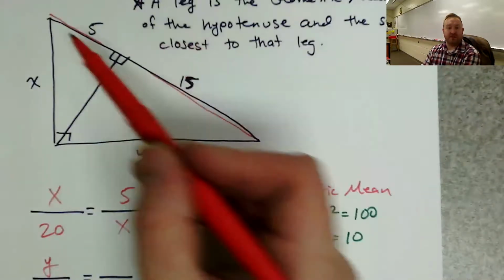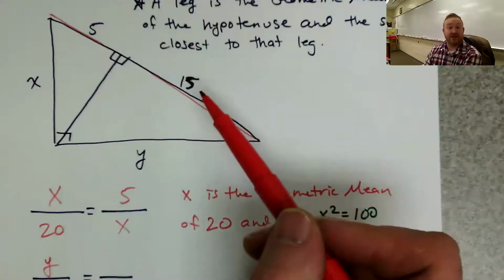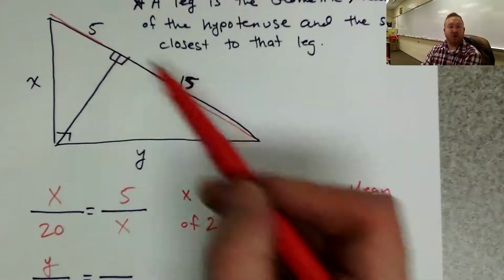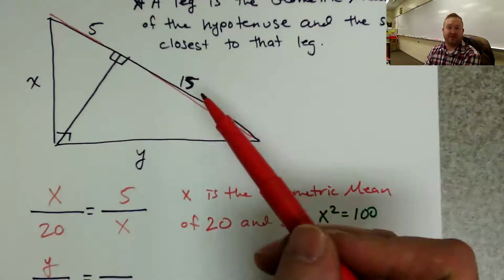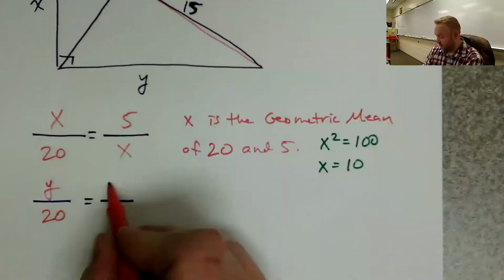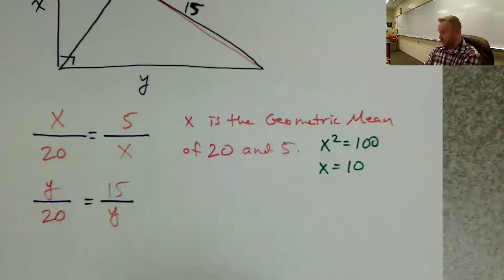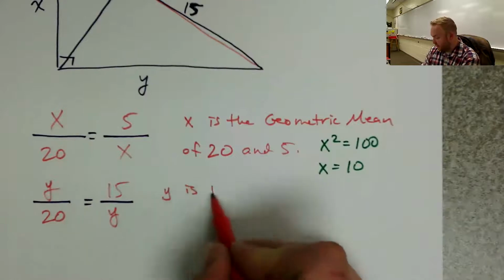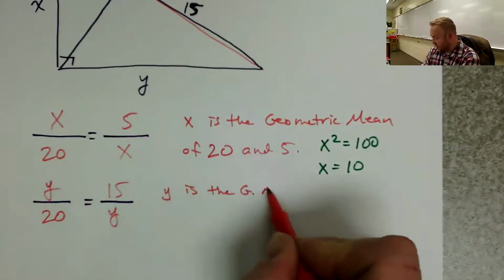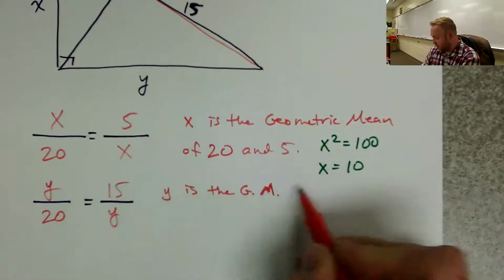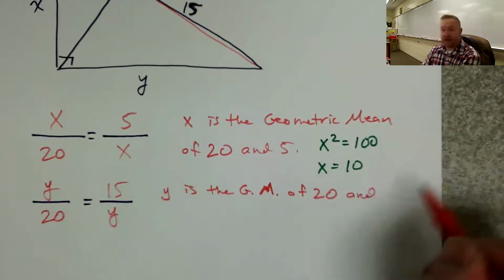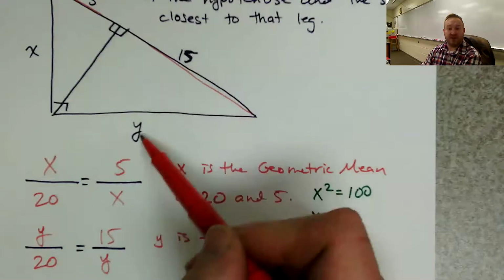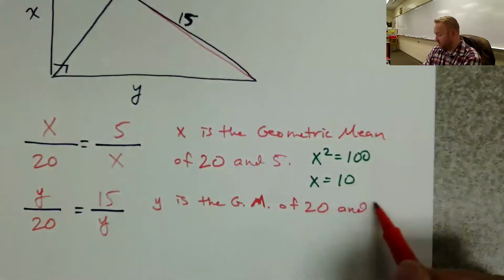The two segments are 5 and 15. Between 5 and 15, which is closest to y? Did you say 15? Good job. So y is the geometric mean of the hypotenuse, which is 20, and the segment closest to that leg, which is 15.